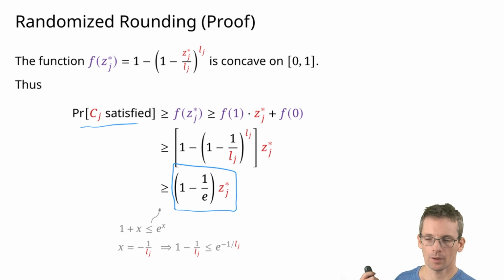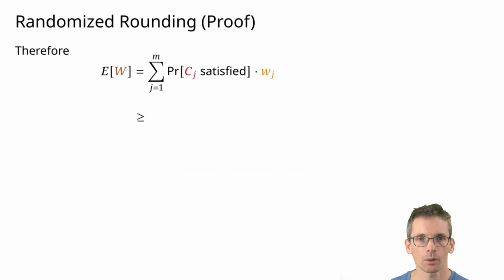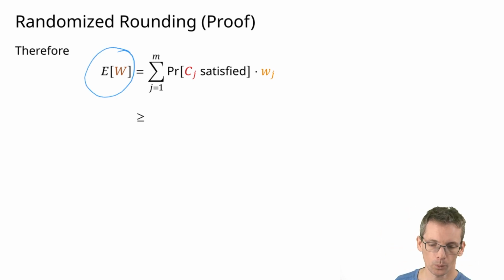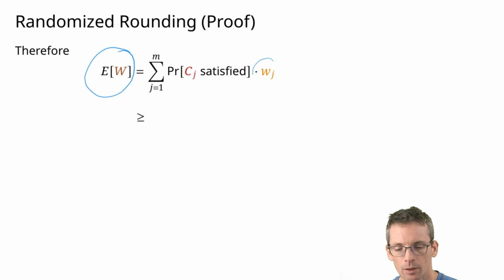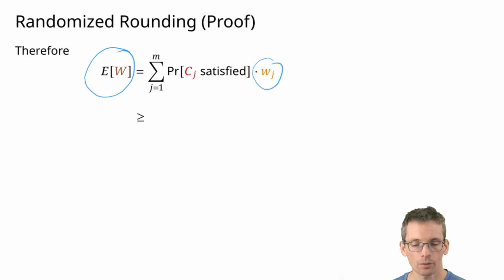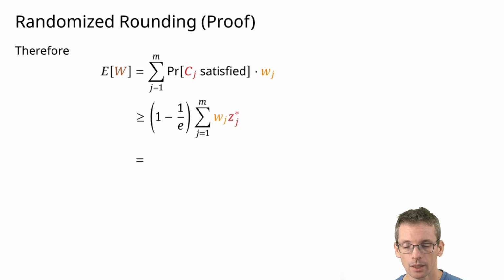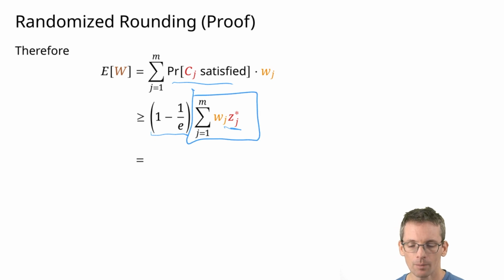And now I can use linearity in the following way. So I get that the expected weight of what the algorithm gives me is the sum over the weight of the clauses, each time multiplied by the probability that that clause is actually satisfied. This I can now bound by 1 minus 1 divided by e times zj star. So taking the factor 1 minus 1 divided by e out of the sum, I have now here the sum times that factor.